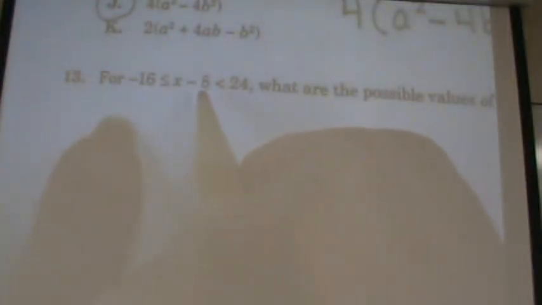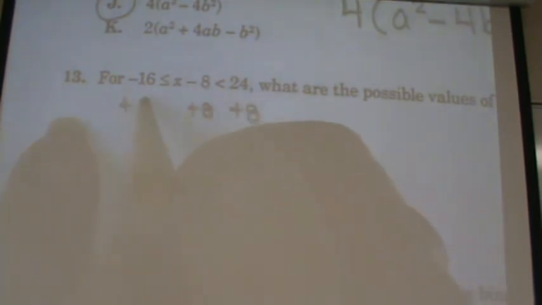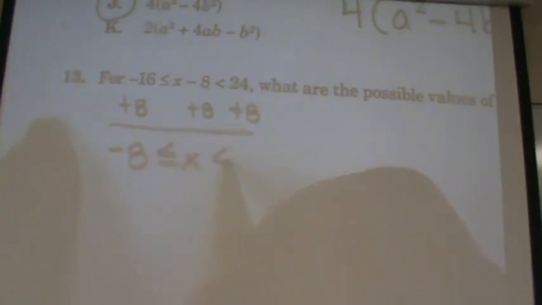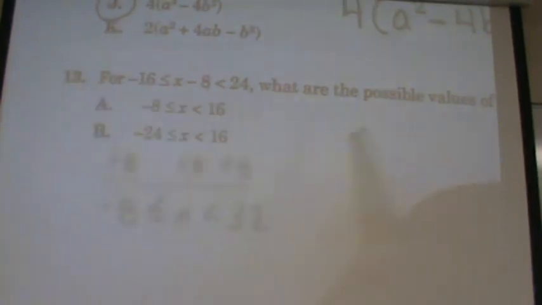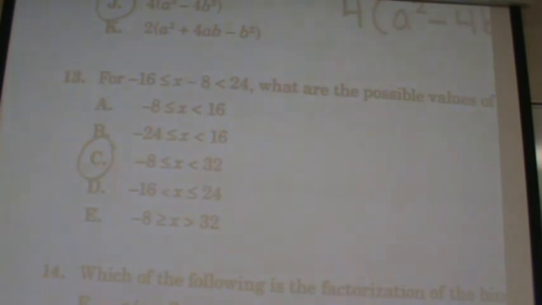Okay, number 13. For this one, how do you solve this? It's a compound inequality. You're going to add 8 here, add 8 to 24, and add 8. So you get negative 8 is less than or equal to x, less than 32, which is C. Number 14.